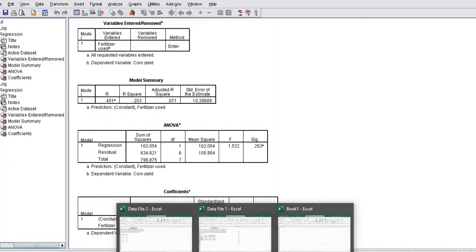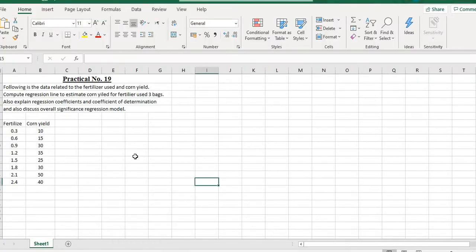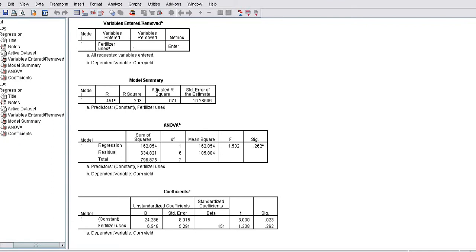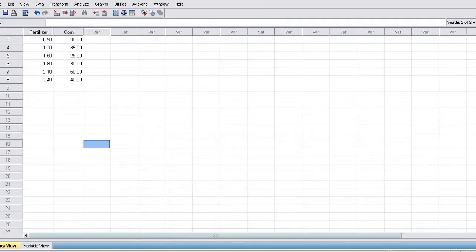Here we write an equation in Excel. You can use it to estimate the corn yield when fertilizer is 3 bags. Here y is equal to... Let me open a Word file here in which we will use it.